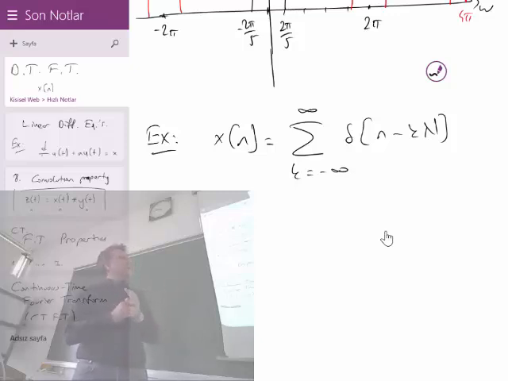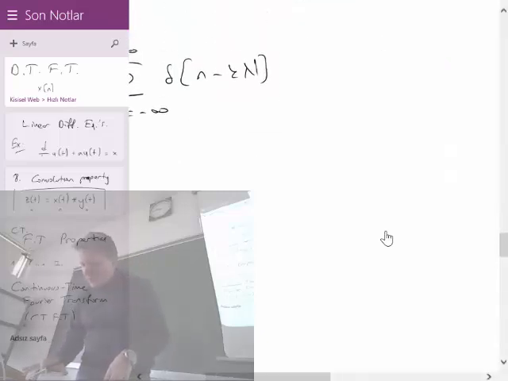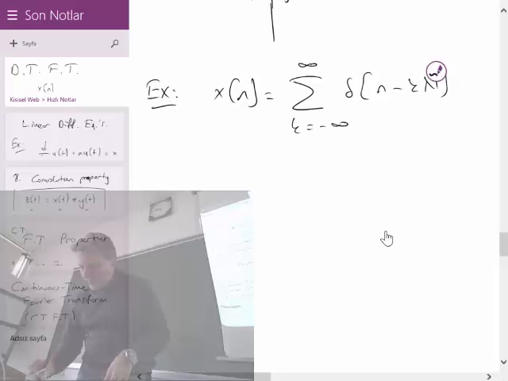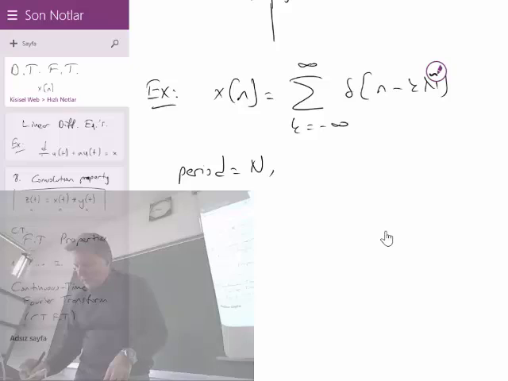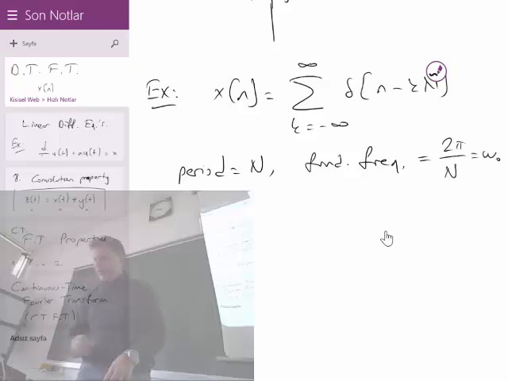So the period is capital N, and therefore the fundamental frequency is 2 pi over capital N. So period is equal to capital N. Fundamental frequency is equal to 2 pi over capital N, and that is omega 0. I'll take it as omega 0.